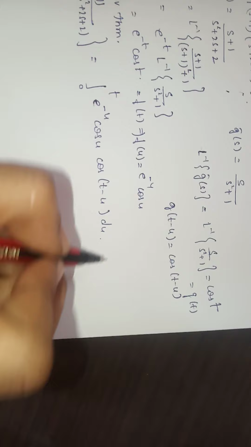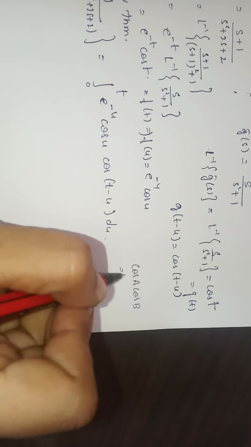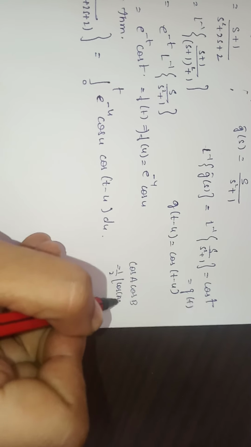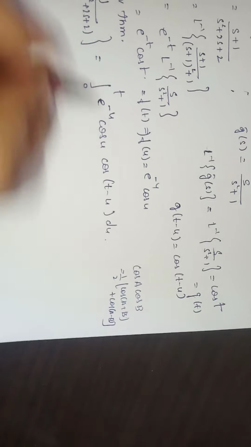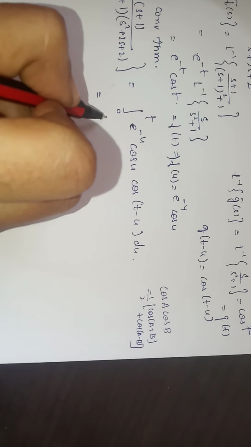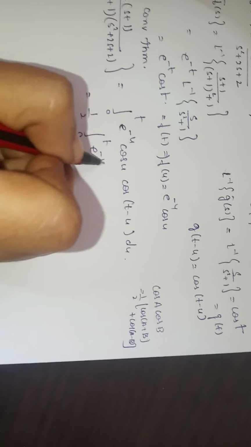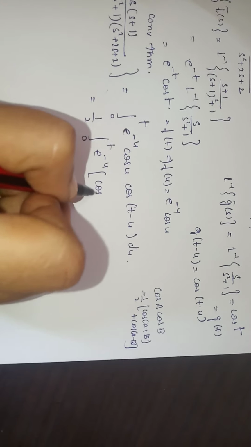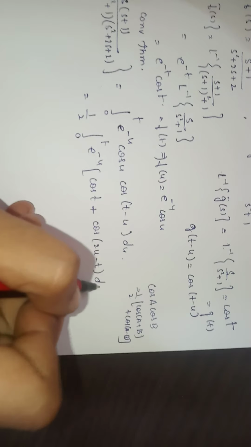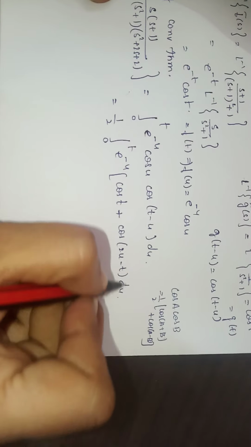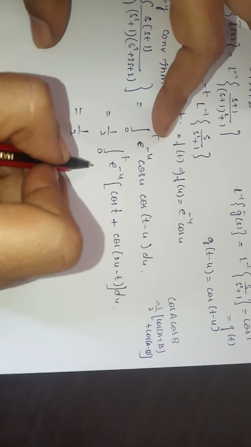Here again applying the result cos a cos b equals 1 by 2 into cos of a plus b plus cos of a minus b, you get this as 1 by 2 into integral 0 to t e to the power minus u into cos t plus cos of 2u minus t du.